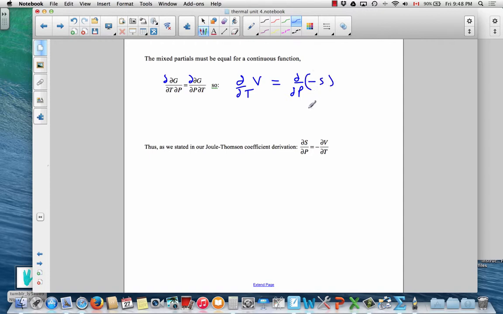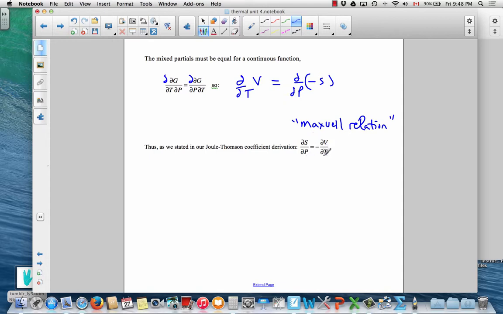So what we have shown then is known, and we'll need this later when we derive the Joule-Thomson coefficient. This is known as a Maxwell relation, and there are several of these. And they tell us a relationship again between entropy, pressure, volume, and temperature.